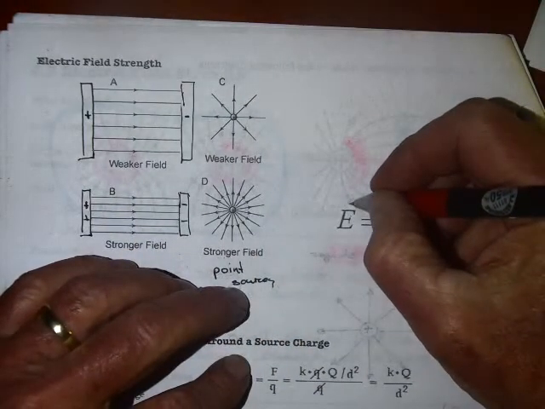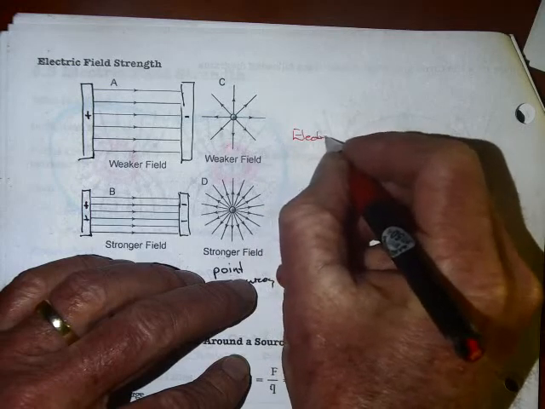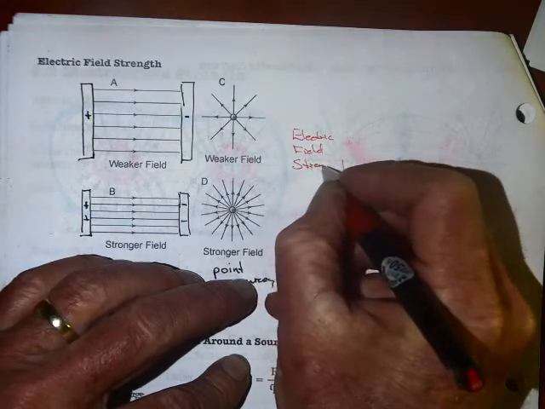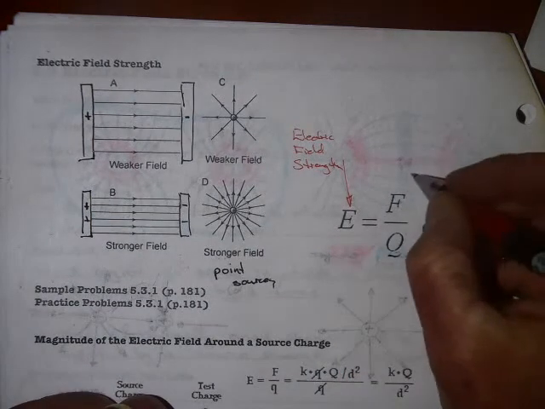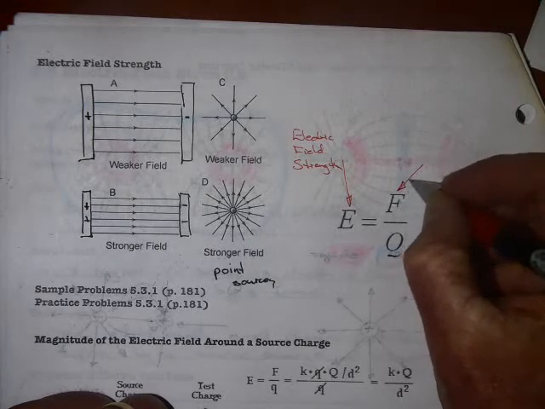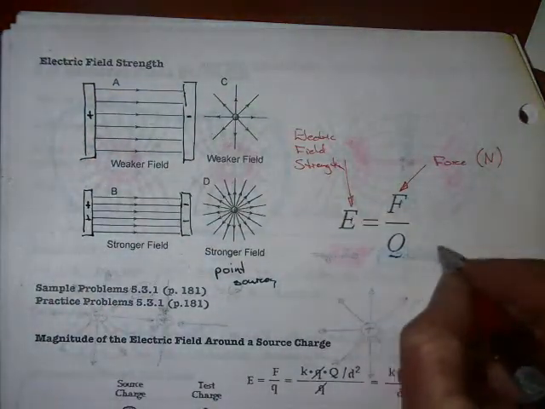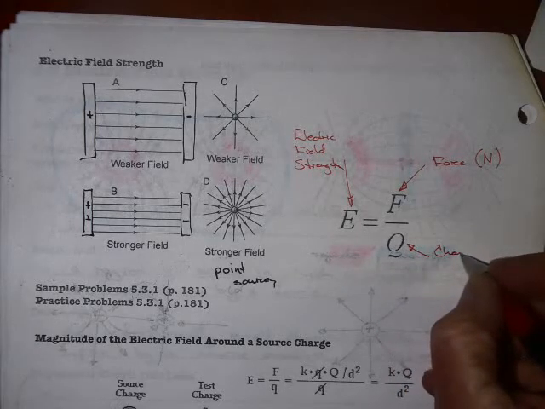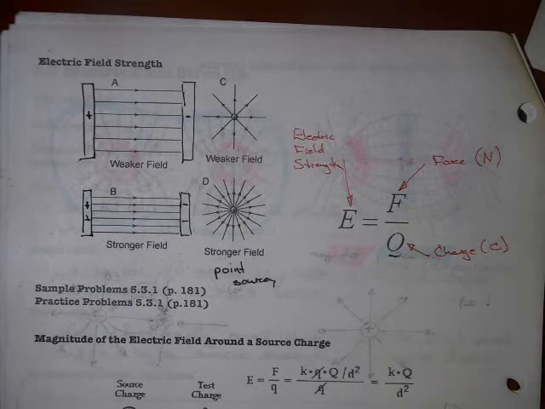E stands for the electric field strength, and it is equal to the force in newtons divided by the charge in coulombs. This is charge in coulombs. Okay?